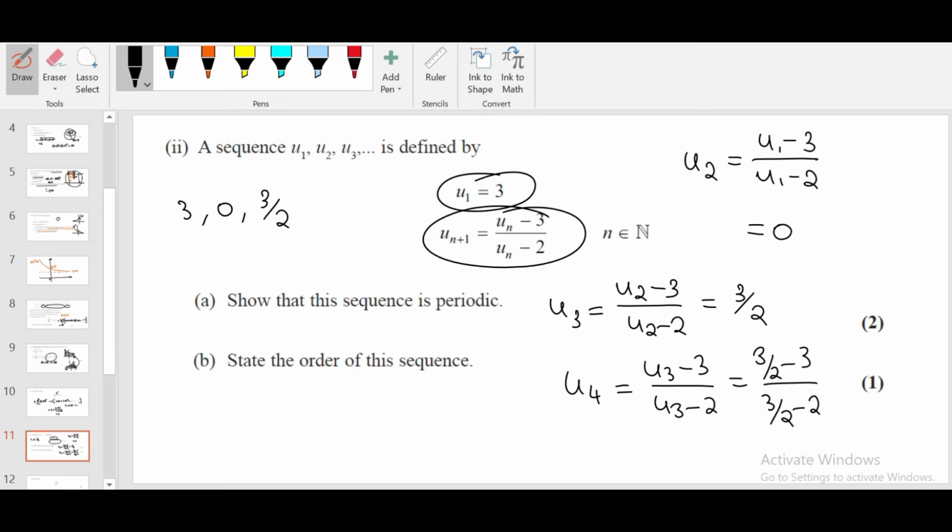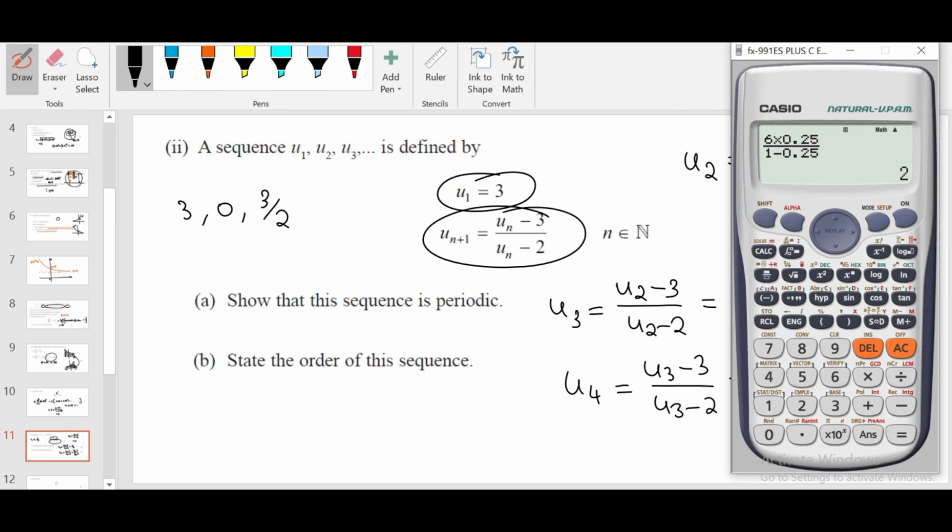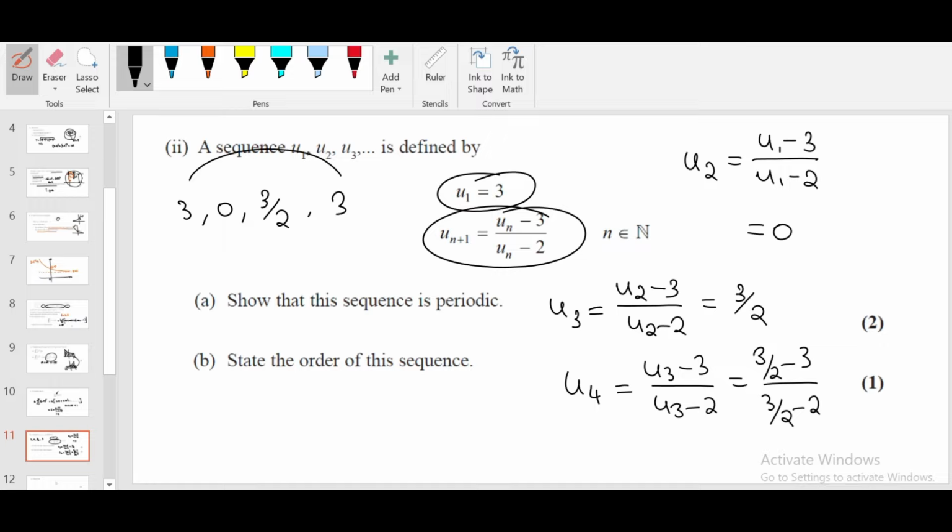I'm going to use my calculator for U4. 3 over 2, 1.5, minus 3, divided by 1.5 minus 2. I got 3 again. You see the term is repeating again. So you can say U4 is equal to U1. Therefore, it's a periodic sequence.